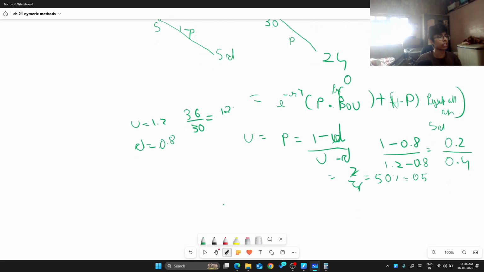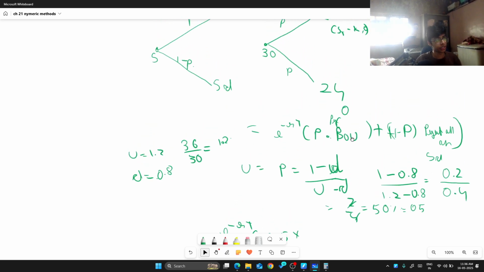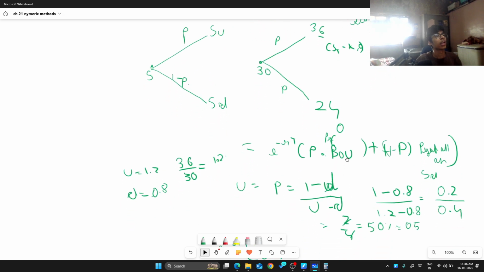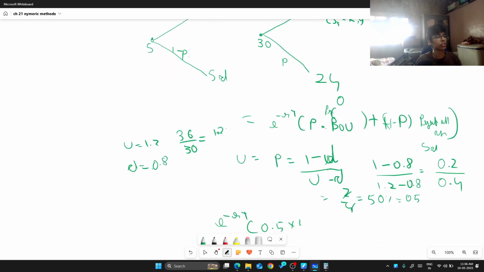So our final discounting would be e to the minus rT times 0.5 into the payoff from S up, which is 5, plus the probability of going down times the payoff from down, which is 0.